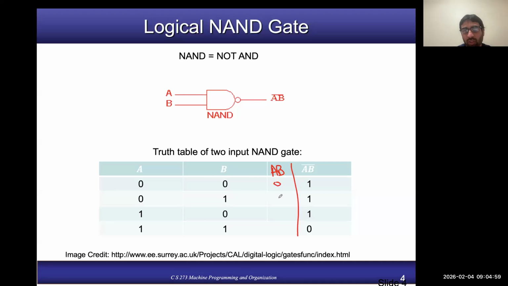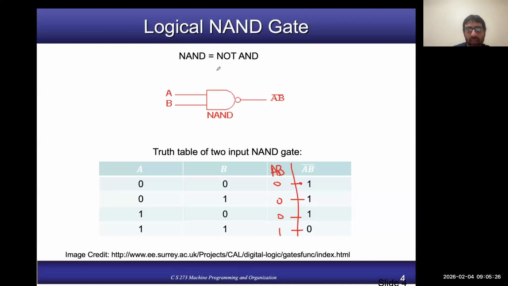So here the output will be 0, this will be 0, this will be 0, and here the output will be 1, right? But this is AND. Now to make it NAND, you do the NOT operation on the output of AND. So when you do the NOT operation, all these zeros will become 1, and the 1 will become 0. Okay. So this is the truth table of the 2-input NAND gate.